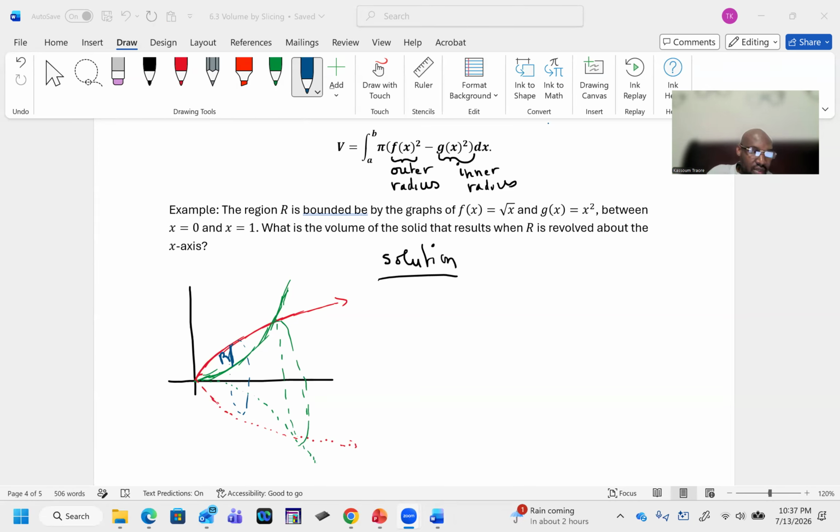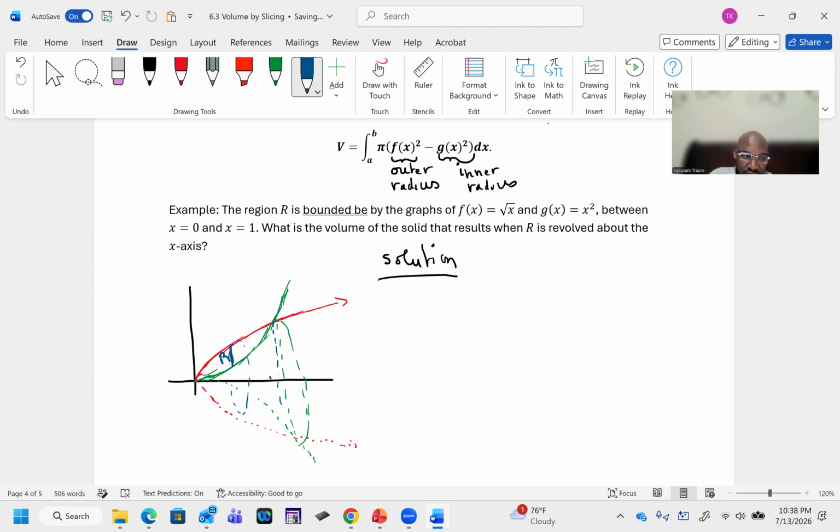So you can see the region bounded by the graph of f and g with f of x greater than g of x. And if you check between 0 and 1, that's right here, because both graphs cross at 1, right? So the washer method is applicable in this case.